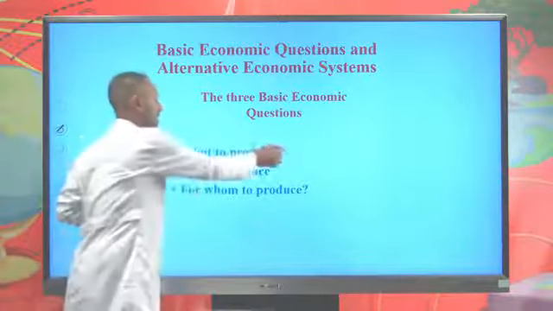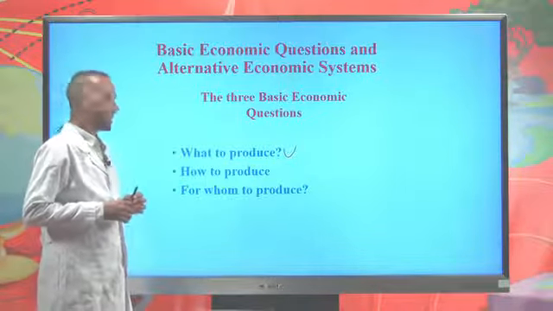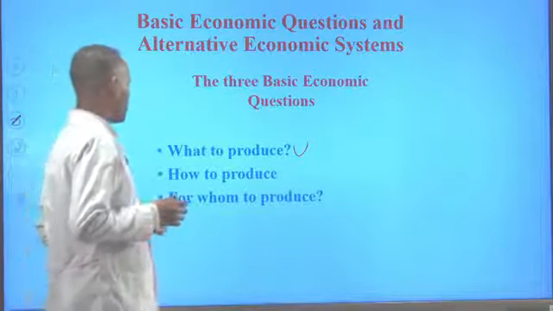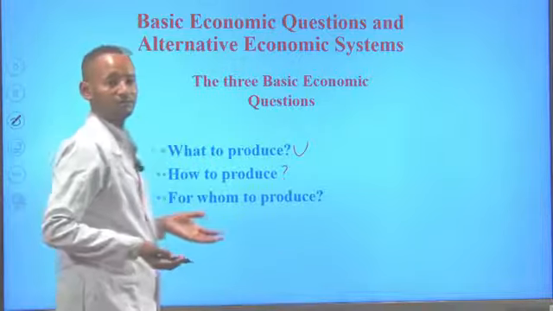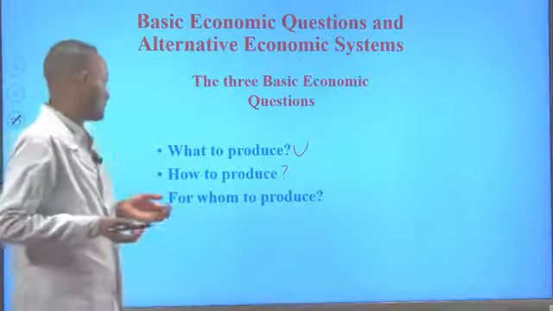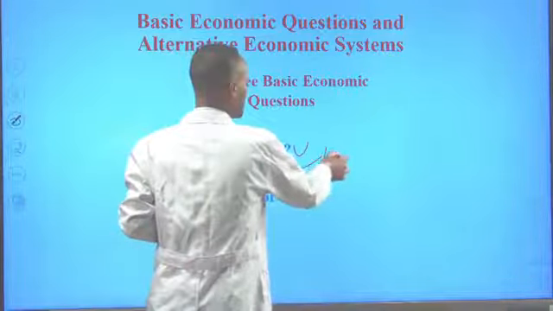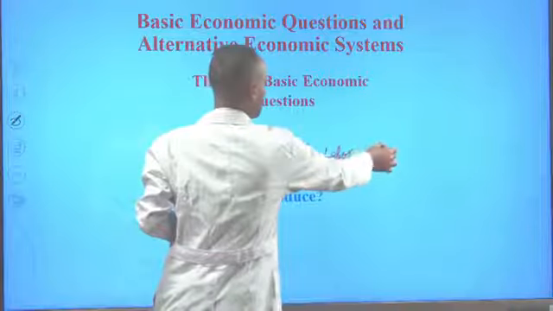The second basic economic question is how to produce. The how to produce question addresses the problem of choice of techniques of production. There are 2 types of techniques of production called labor intensive and capital intensive.